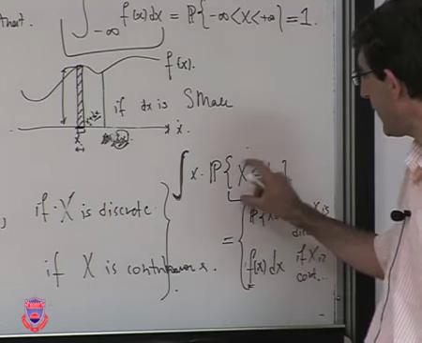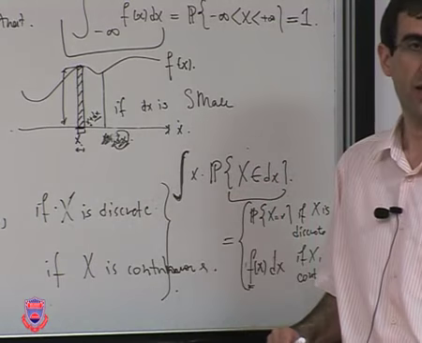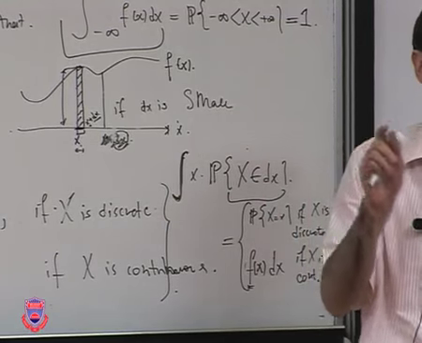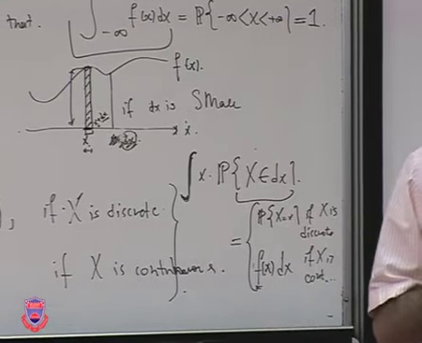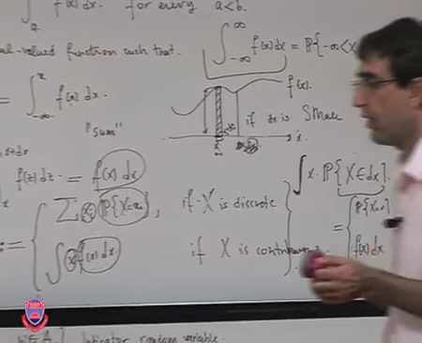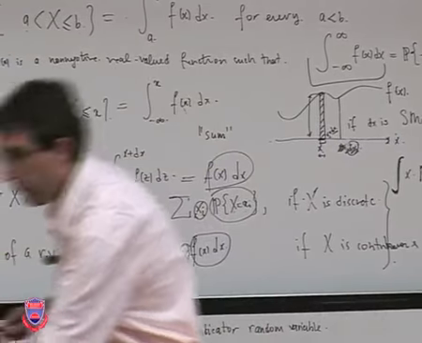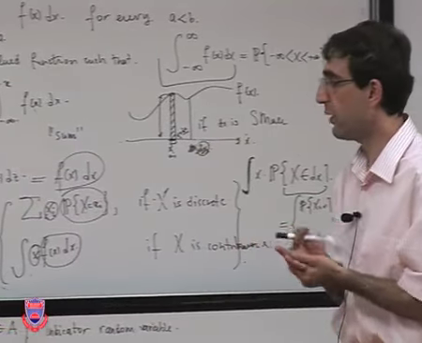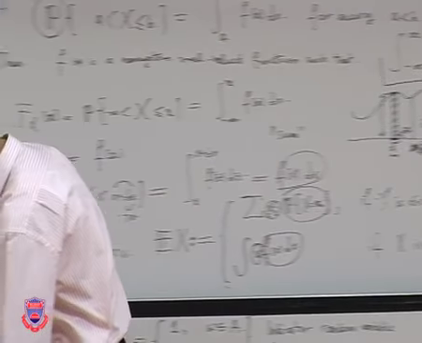You take one of them, plug it here, you get either this or that. But the idea is the same. It is just a weighted average of the values of the random variable, where the weights are the probabilities with which those different values are being taken.